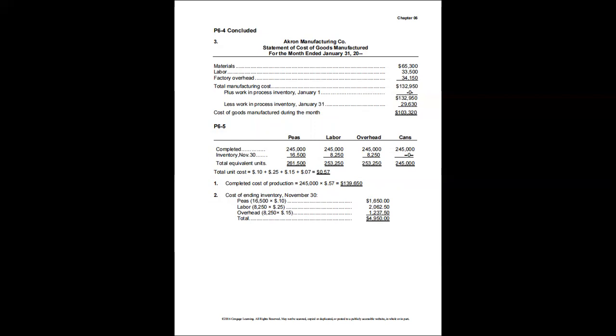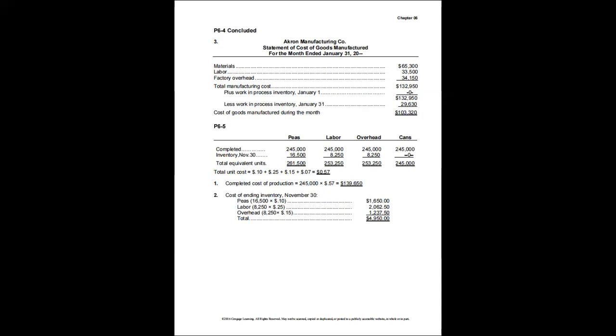So we have now the completed units, and the costs are 245 for piece, labor 245, overhead 245 units. Now these are the units completed and transferred given in the problem. Then the inventory on June 30 for piece, 16,500 piece as at the end of November.